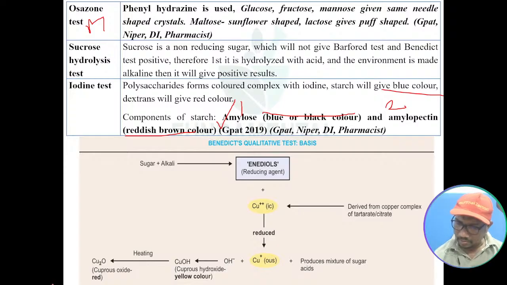As I already told you, the Benedict test is very important, and they have already asked questions on it. What is the use of the Benedict test? It is used to distinguish between reducing sugar and non-reducing sugar. What is the basis of that test?